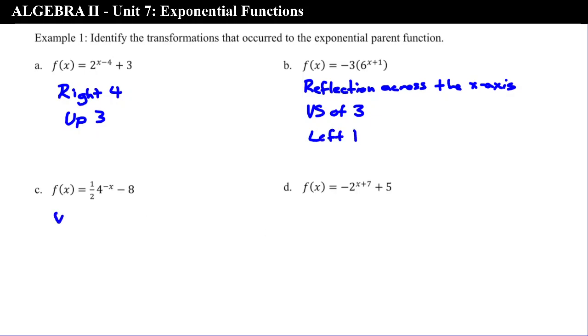For c, we have a vertical compression by a half. We have a reflection across the y-axis. And we also are being translated down 8.